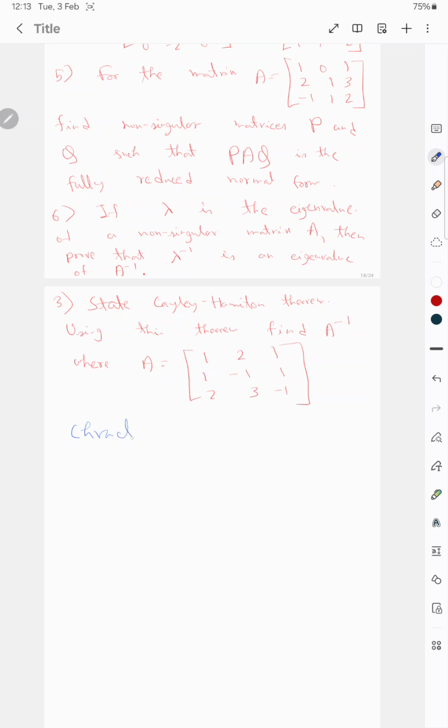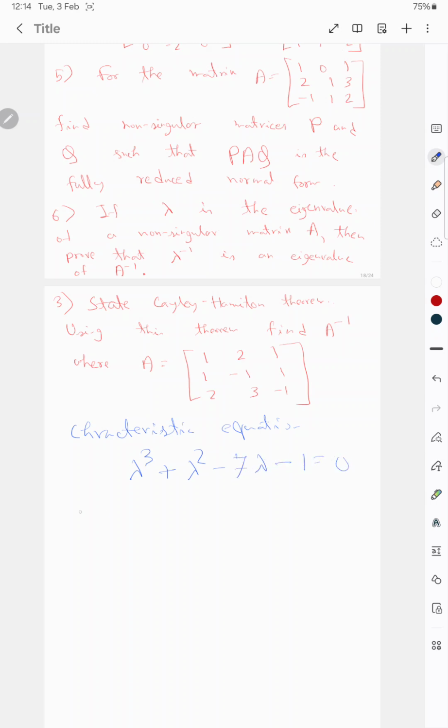Suppose you are getting, I'm not sure, I just write the equation: lambda cube plus lambda square minus 7 lambda minus 1 is equal to 0.